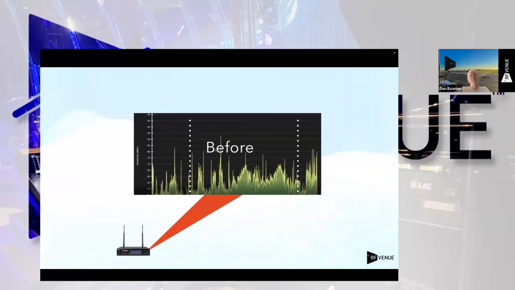So I want to talk about the scanners that are built into receivers. If you're scanning with your receivers and you're going directly into Wireless Workbench, or you're going into Audio-Technica Wireless Manager, your receiver will scan and send that information to those programs, or you can save it and you can put it back in Wireless System Builder.